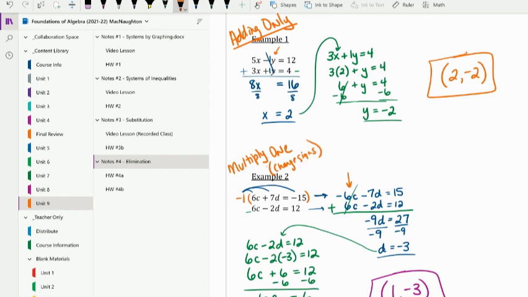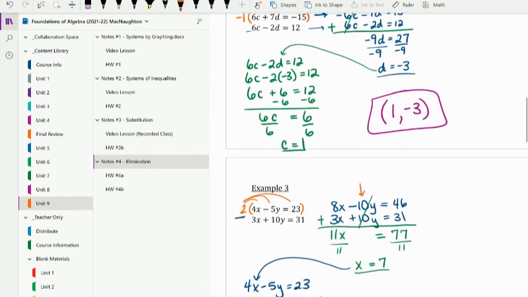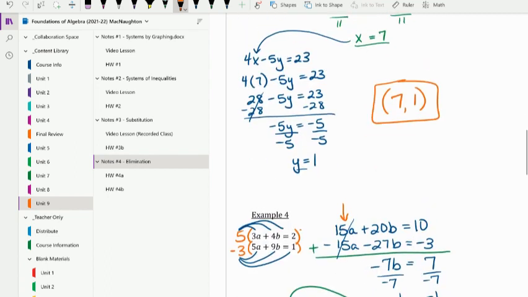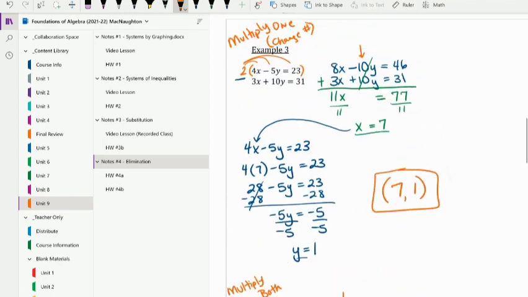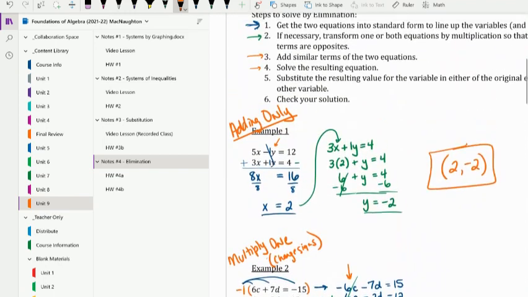That's all we had to do on that one. Example 3 is still multiply 1 equation, but this time we have to change a number, right? We had to get a number that was different. And then example 4 is where we had to multiply both equations. Those first 4 examples are just like what you're going to do on the homeworks.